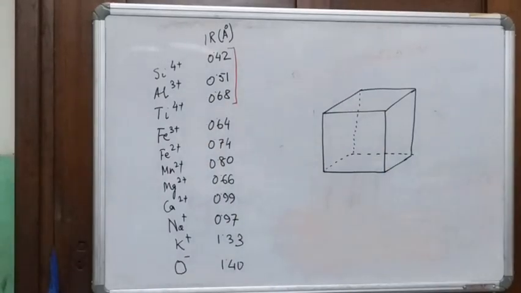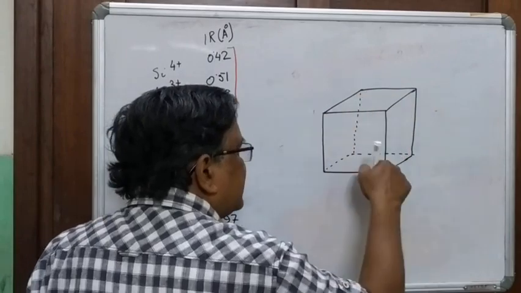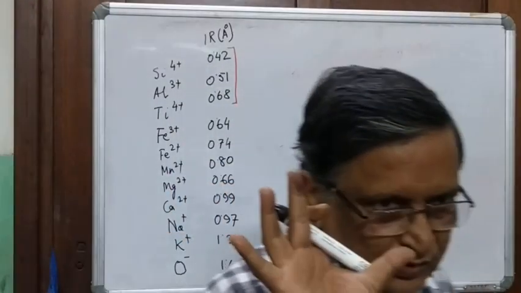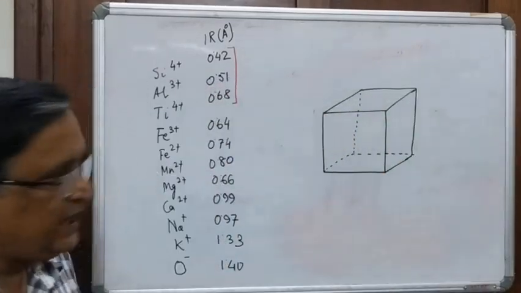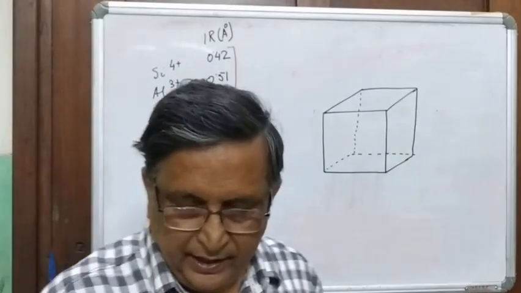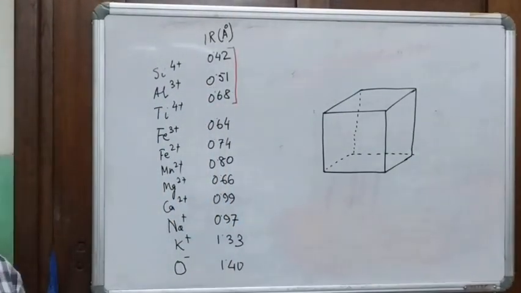We take a cube, and you have now 1, 2, 3, 4, 5, 6, 7, 8 oxygen atoms. So this is a case of 8 coordination number.